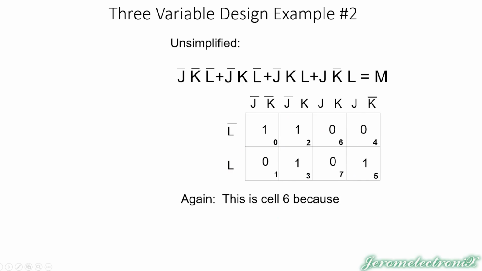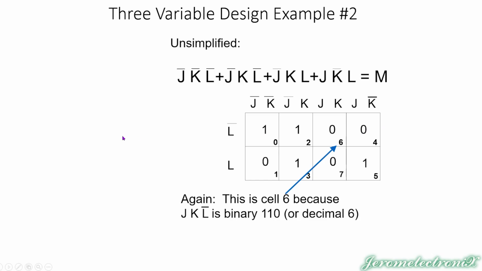Okay. So again, this is cell 6 because of how we've numbered it. How we numbered it? Well, J is the first variable. Since J is on top, we're numbering down. So 0, 1, 2, 3, 4, 5, 6, 7. However, 6 might not always be there because if we put J on the side, then the numbering goes away from the J horizontally.